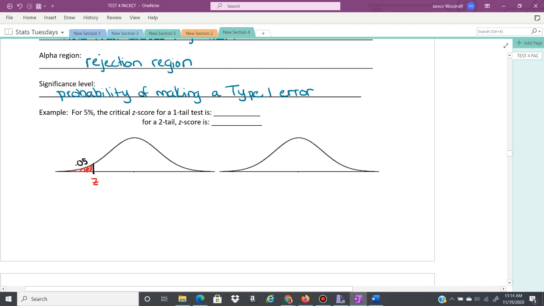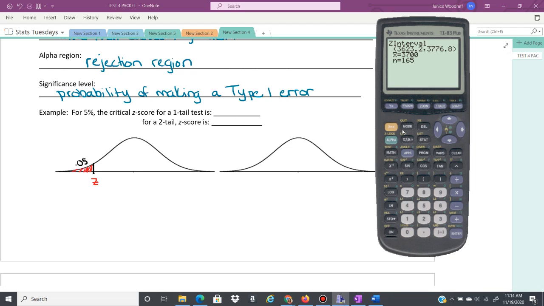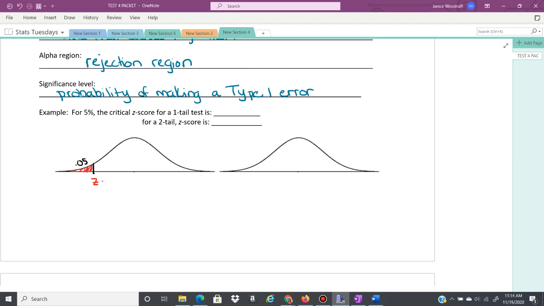We can go look at the chart, or we can go to our calculator. We can go to second distribution, inverse norm, area to the left, 0.05, a mean of 0, and a standard deviation of 1. So we get negative 1.645. Okay, if the test were in the right tail, it would just be a positive 1.645. Okay, so for a one-tail test, it's either plus or minus 1.645.